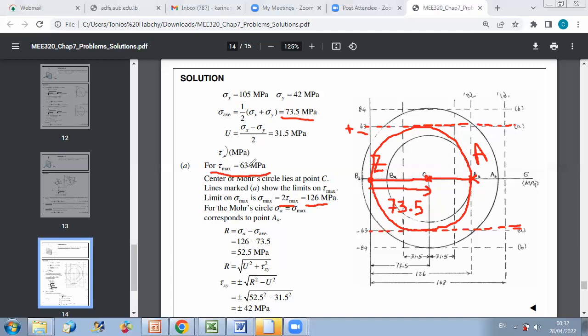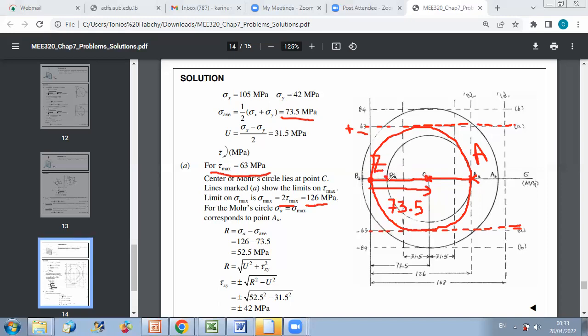Okay, since my maximum is smaller than sigma average, then I can say that my circle AB will be from the right side.